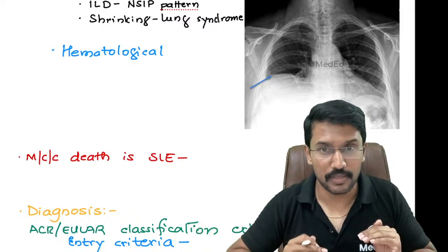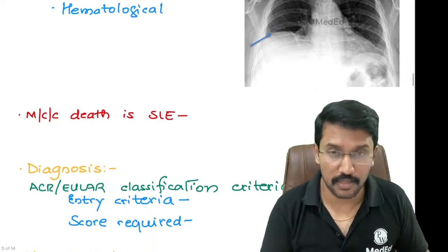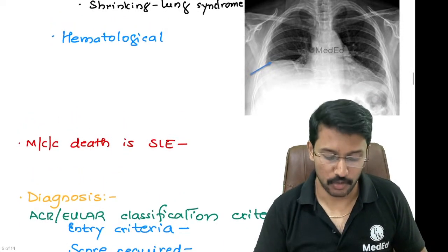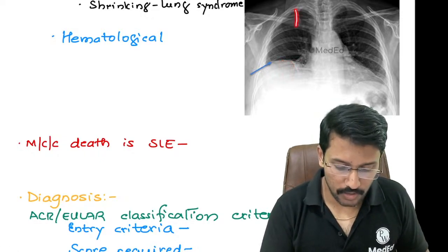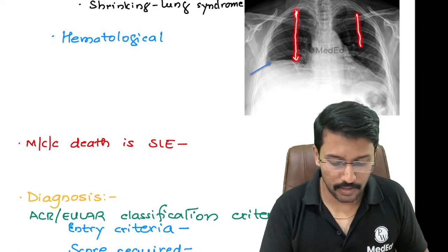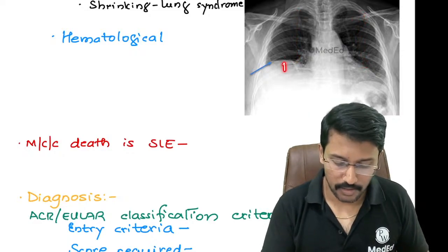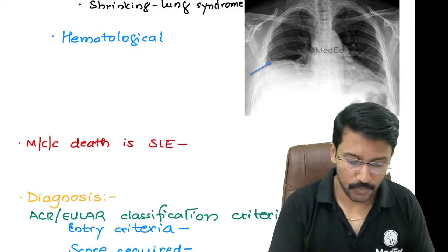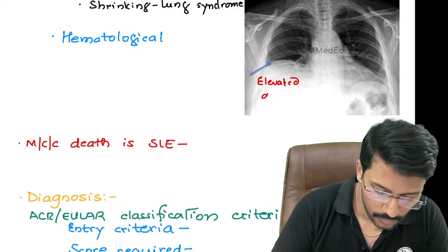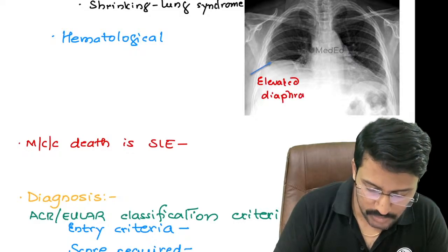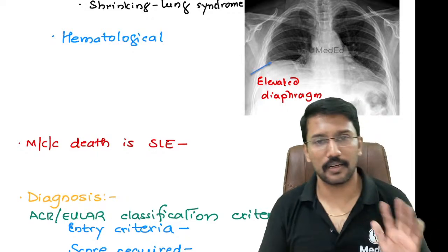Because it is not able to descend down, like you see in this X-ray, right? Especially here, the right side is very prominent. You can see that the right diaphragm is quite higher. When I look through the lung parenchyma, it is very clear. There are no opacities, but the hemidiaphragm is elevated. So in an SLE patient, if you see this finding, it should point towards the possibility of what we call shrinking lung syndrome.